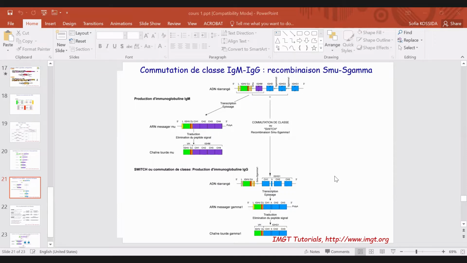And now you know, because we saw last time within the databases, the IMGT GeneDB database, you can have all this information. This is the annotation that we talked about.